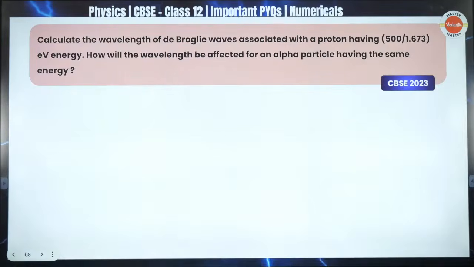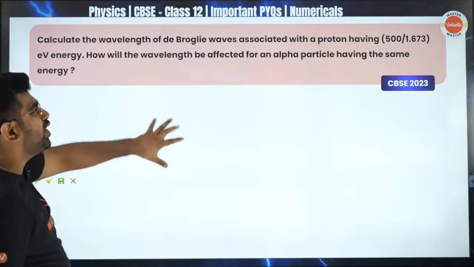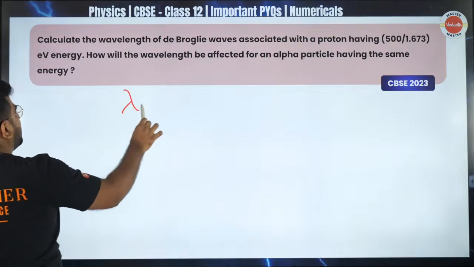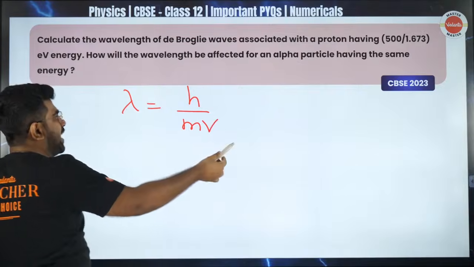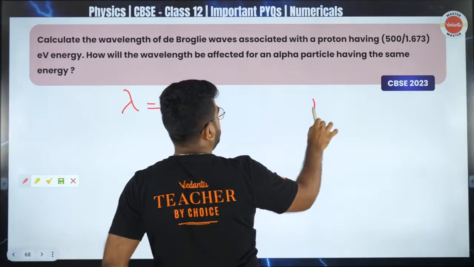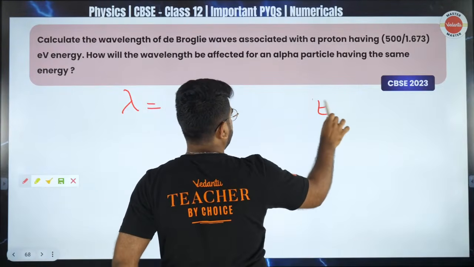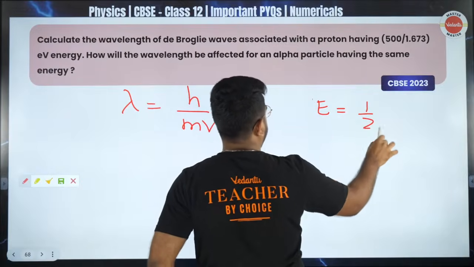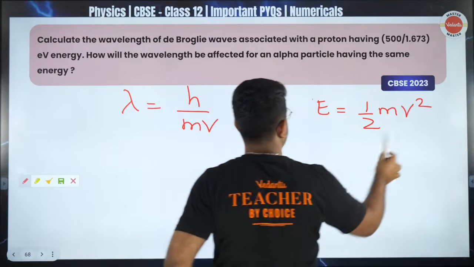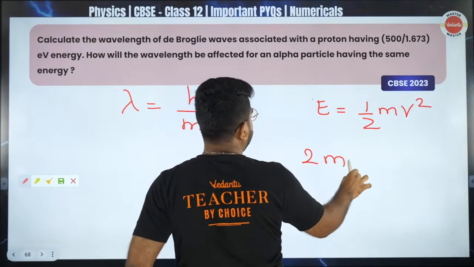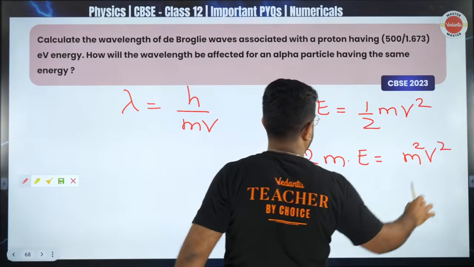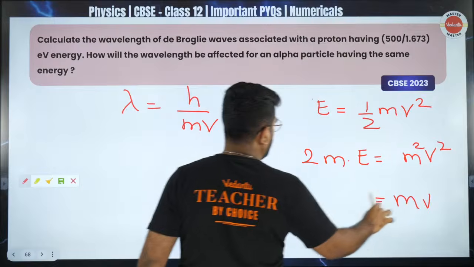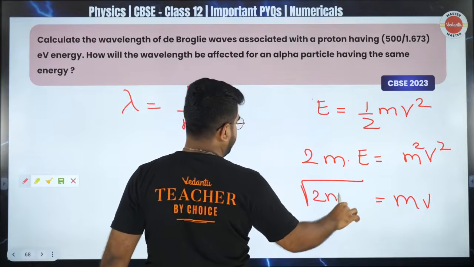Calculate the de Broglie wavelength associated with a proton. I will tell you the formula. De Broglie wavelength is h by mv. But we can write energy E is equal to half mv square. So 2mE is equal to m square v square, so mv is equal to root 2mE.